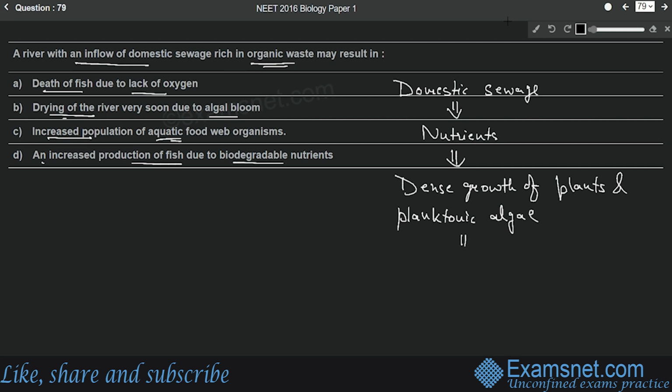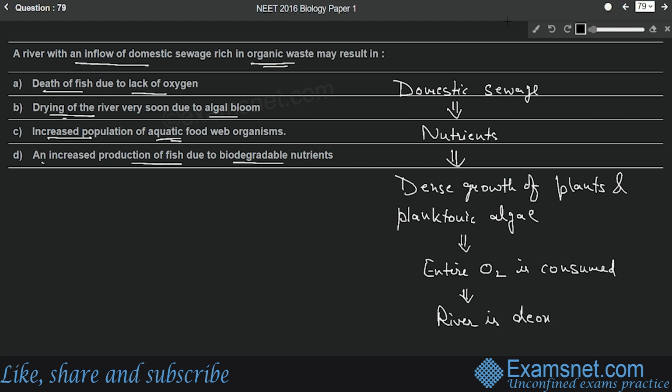Now what will happen? These will consume all the oxygen present in the water body. So the entire oxygen is consumed and it will lead to the deoxygenation of the water body.